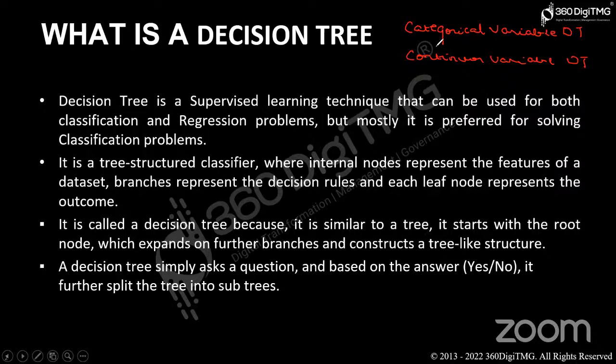When you talk about a categorical variable decision tree, it has a categorical target variable. When the target variable is continuous, it is called a continuous variable decision tree.